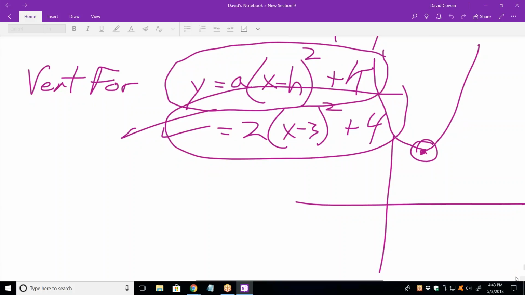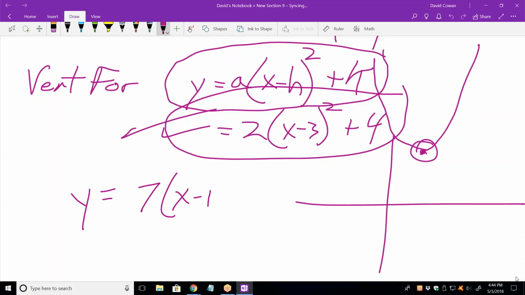Tell you what. You tell me what format it is. I'm going to give you some functions. I want you to tell me the format. What kind of format is that? And your choices are standard, vertex, or X-intercept. Vertex.